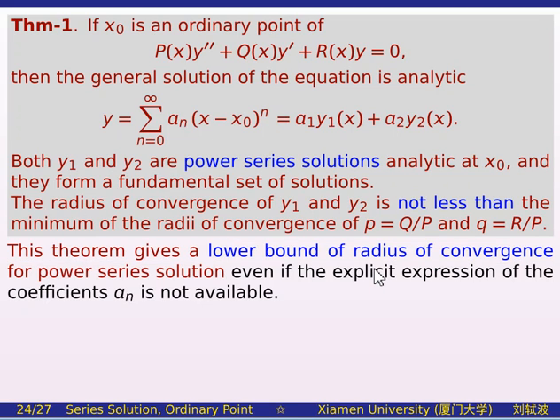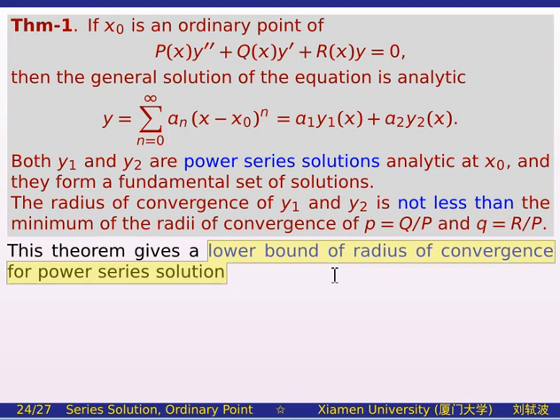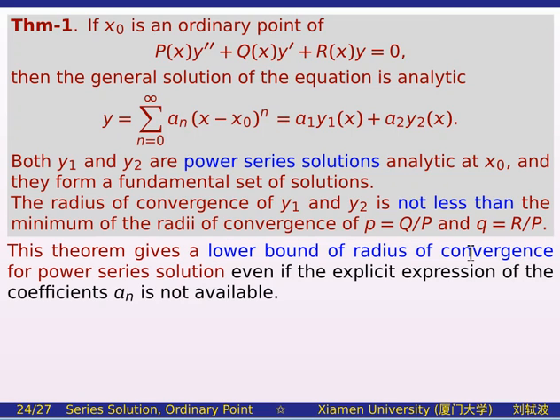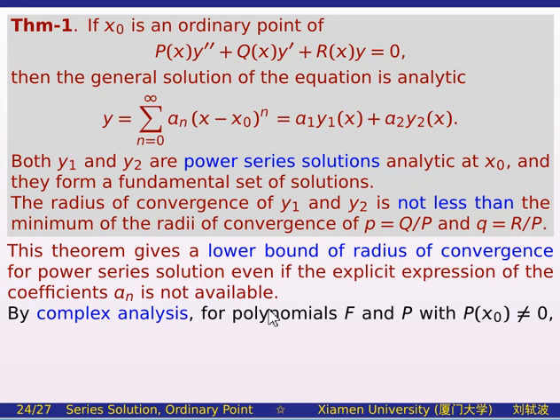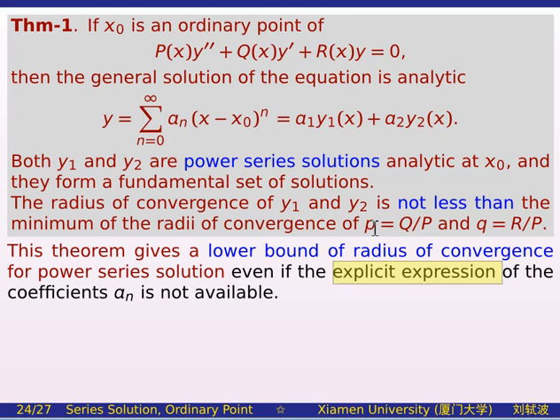And also, we emphasize that this lower bound of the radius of convergence does not depend on the concrete, explicit expression for the power series solution. That is, we don't need the explicit expression of the coefficients of the solution. But for general analytic functions small p and small q, the radius of convergence might not be easy to compute.